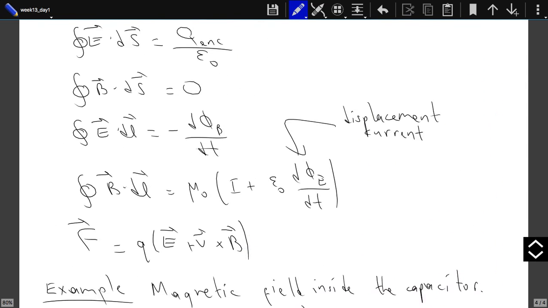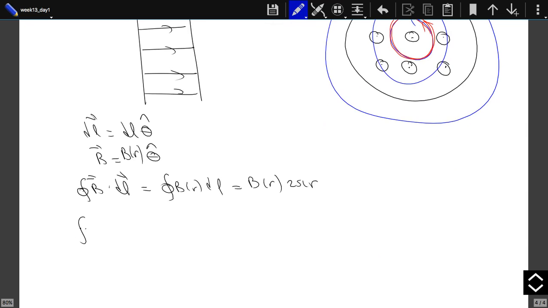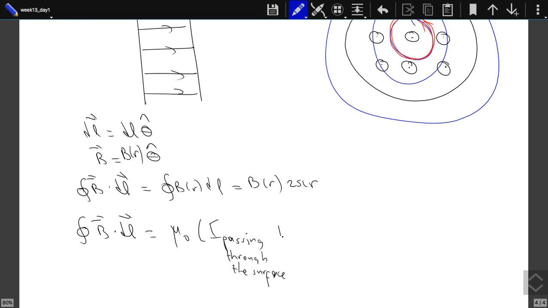Now let's look at the other side of my equation. B dot dl should be equal to mu0 I. Well, this I is, by the way, passing through the surface that you choose. Plus epsilon 0 d phi E by dt.